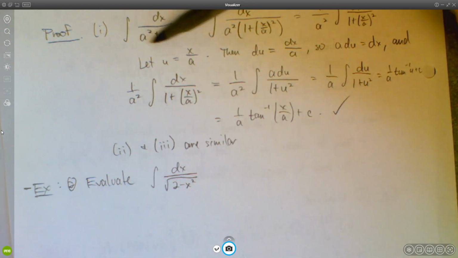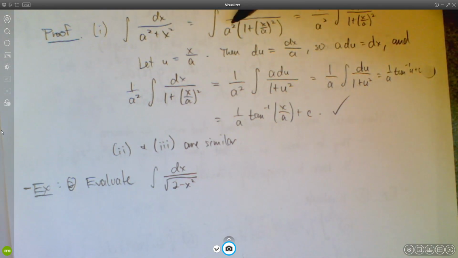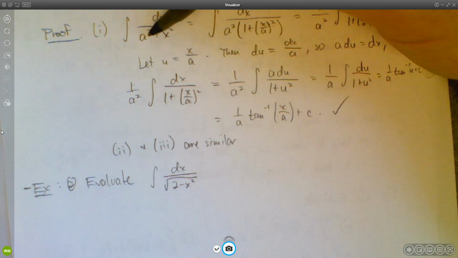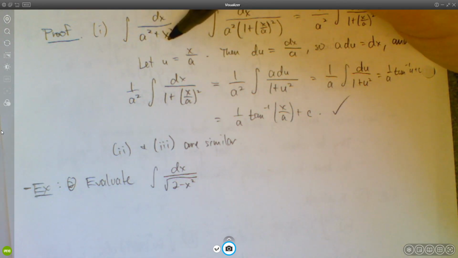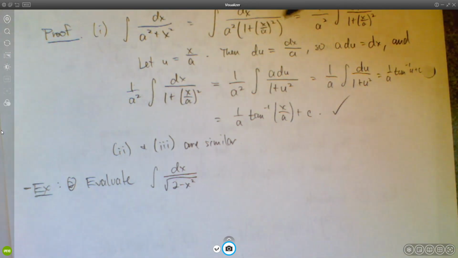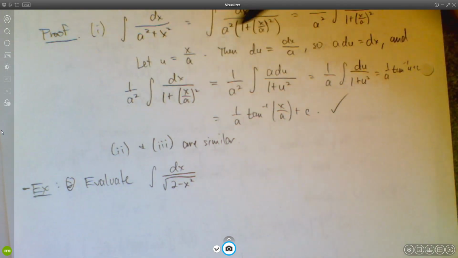Well, first of all, you can factor out an a squared from the denominator, and if you do that, you would be left with 1 plus x squared over a squared. Well, x squared over a squared is just x over a quantity squared, right? Okay, so this is what you get when you factor out an a squared from the denominator. Now you can take that entire 1 over a squared out of the integral, and you end up with dx over 1 plus x over a quantity squared.